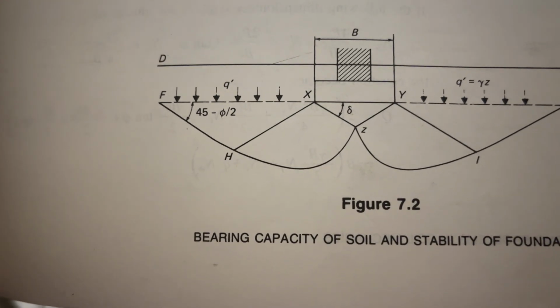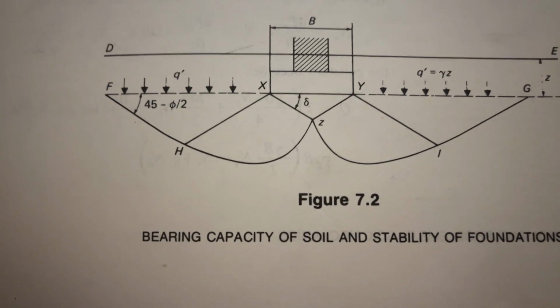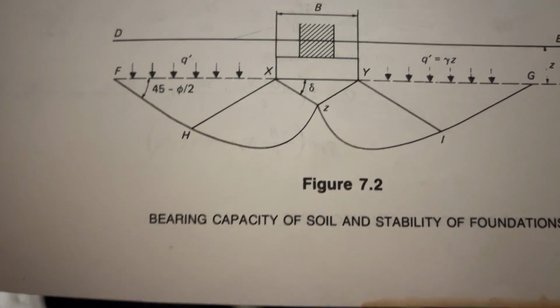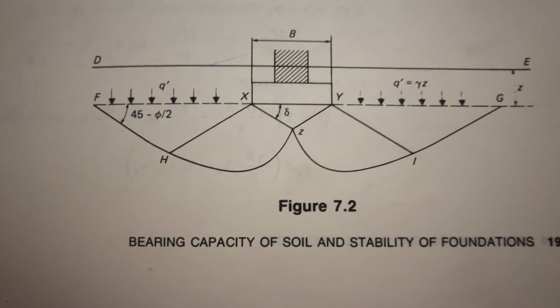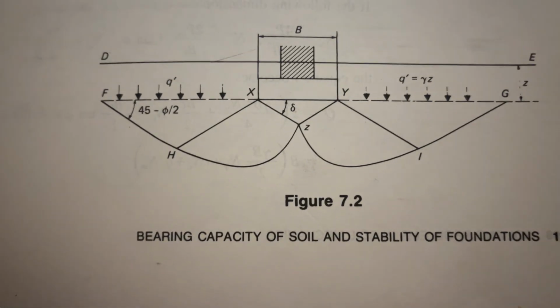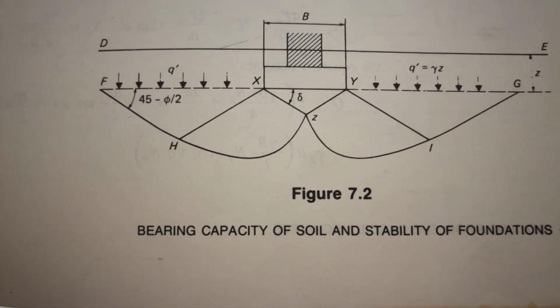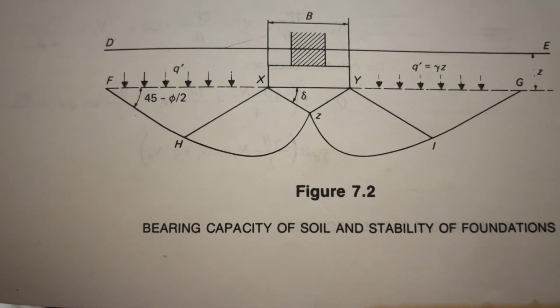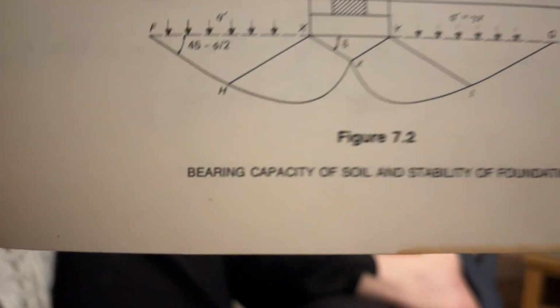It's in these two massive, arced slip planes. It's not like you would imagine. I never imagined that the soil would fail like this. I just thought it would fail in a chunk right underneath it. But this is cohesive, isn't it? So it wouldn't fail like a sand.